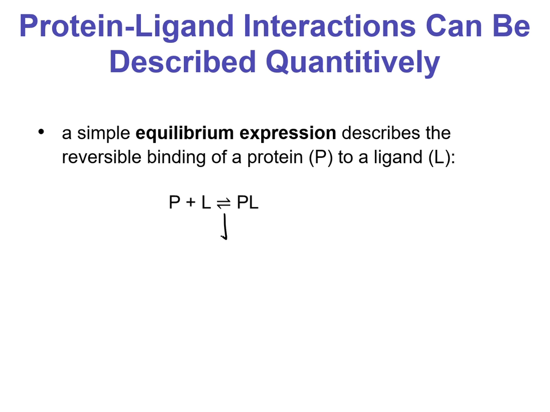That's what these 2 arrows mean. They come together, you make a complex, the protein-ligand complex. Remember, there's no chemistry going on here. We just have something binding and unbinding.